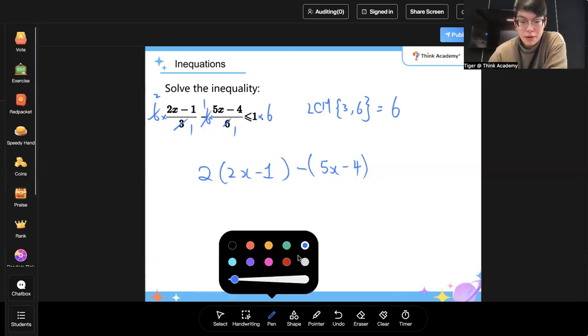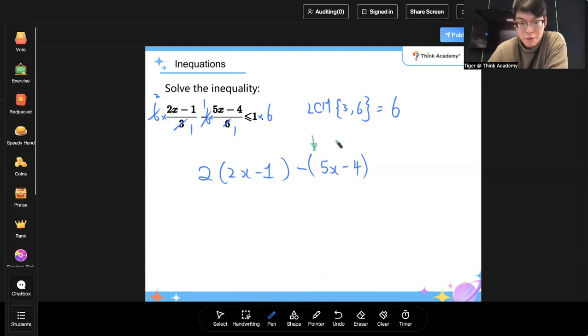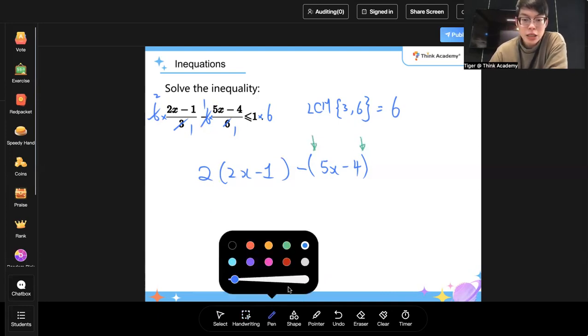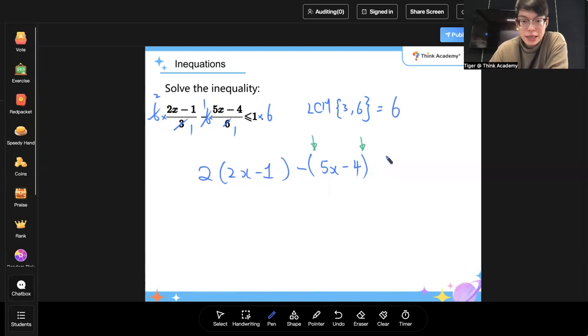So just remember, put a pair of brackets in there, all right? And finally, on the right-hand side, we have that is less than or equal to 1 times 6, which is 6. All right, the next step is to simplify this inequality by expanding through the brackets.